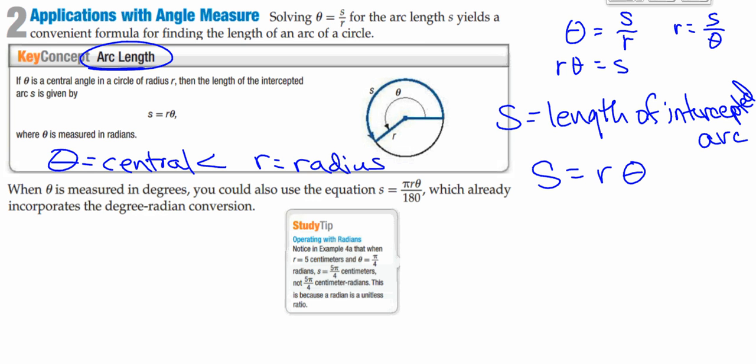Theta has to be in radians, and I wrote central angle, I'm going to add in radians.